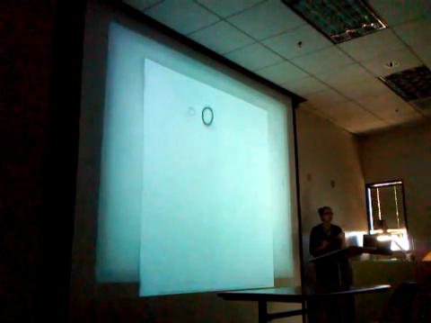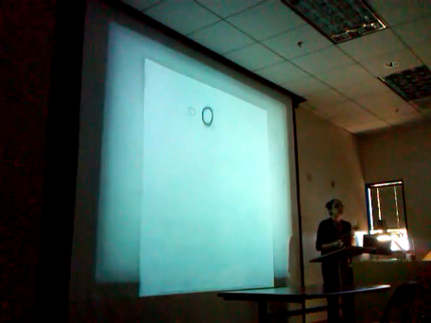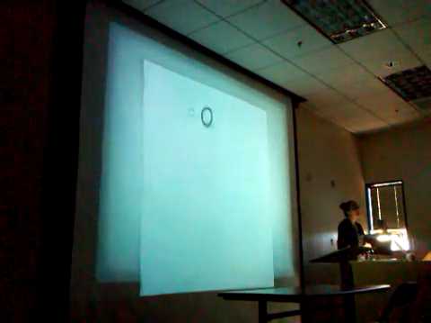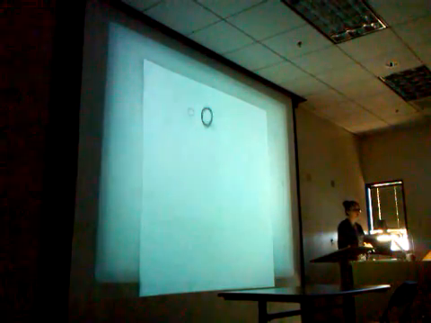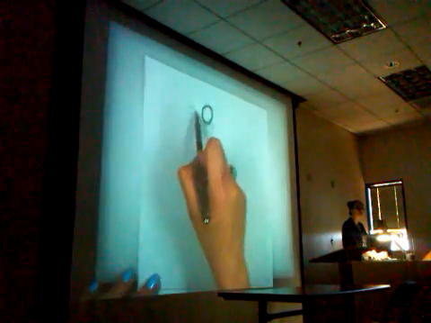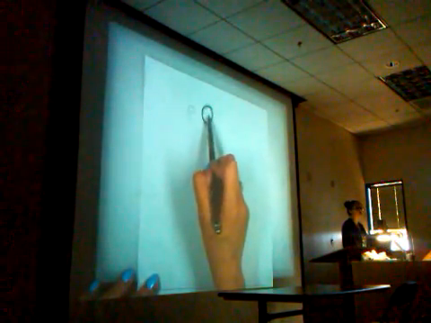Changing the intensity of the color, changing some type of the dimension of the stimulus is an example of within stimulus prompts. So I would make this circle darker, and I would say, point to the big circle. If you were to see this, that's pretty obvious. You point to this one, the correct response.